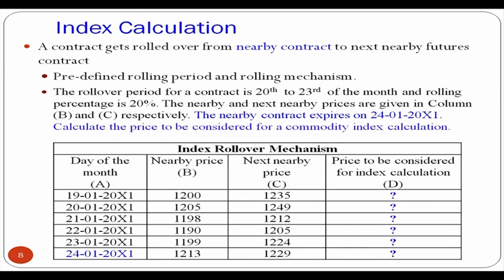Now let's take a numerical example. A contract gets rolled over from the nearby contract to the next nearby contract. So when the index is getting calculated, a contract gets rolled from a nearby contract to the next nearby contract, and the Index Advisory Committee clearly specifies the rolling period and the rolling mechanism in terms of the rolling rate.